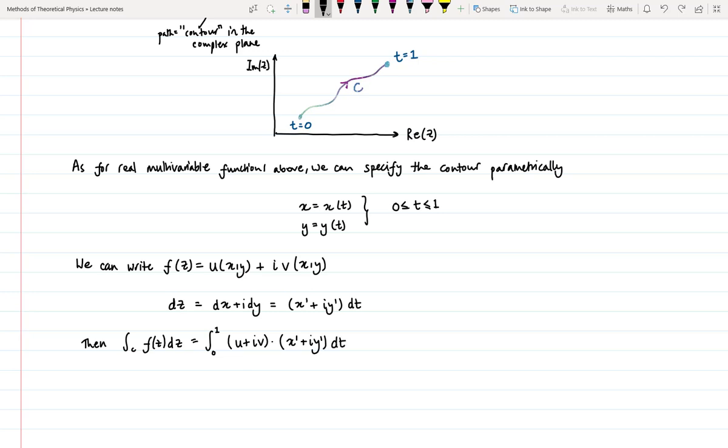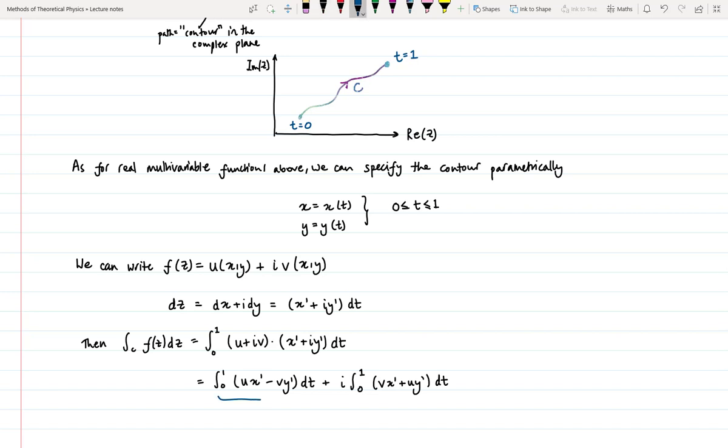dt. Multiplying this out and separating real and imaginary parts, we then obtain the integral from t equals 0 to 1 of u x primed minus v y primed dt plus i times the integral from t equals 0 to 1 of v x primed plus u y primed dt.